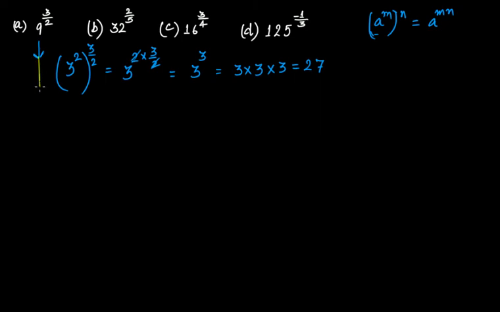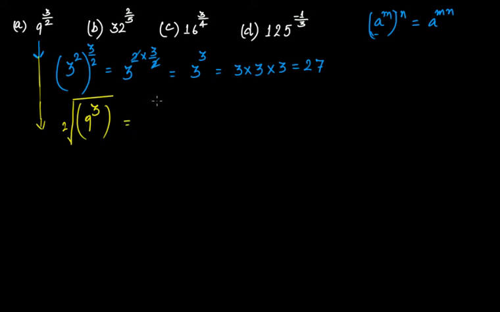Another way is that you can solve it by, this is 9 raised to the power of 3 by 2. So you can take 9 cube first and then take the square root. Right? Then take the square root.